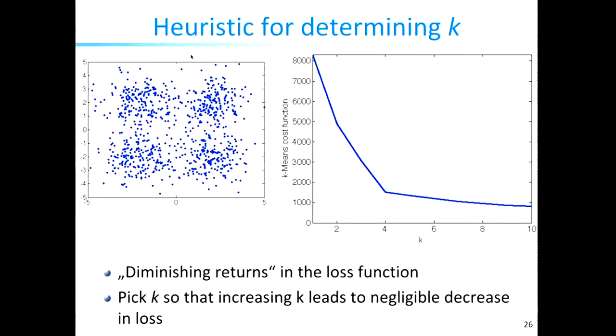If you take that perspective, you can think about diminishing returns in the cost that you would incur, for example in the improvement in the objective function. What this plot shows is a data set with a bunch of clusters. I don't know how many clusters there are. Do you want to take a vote?